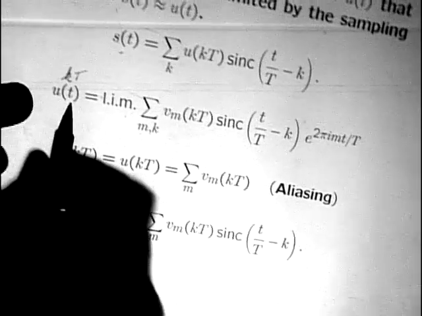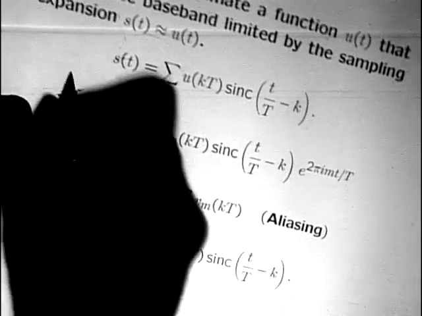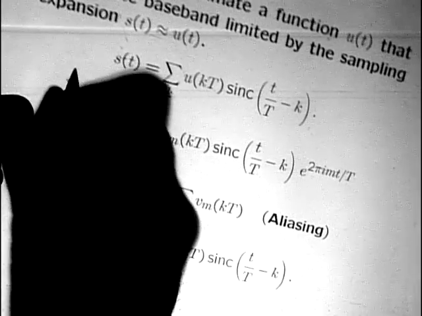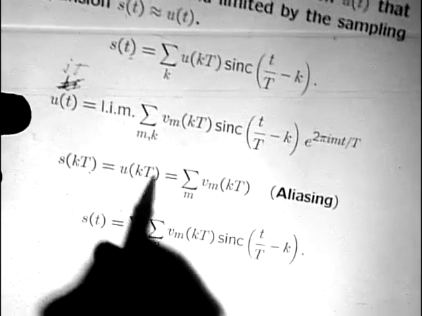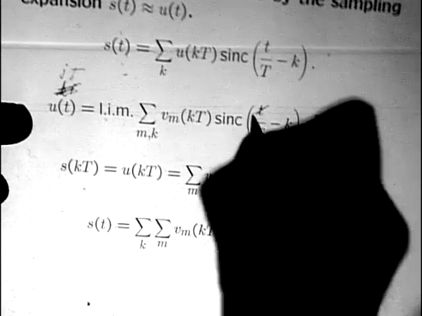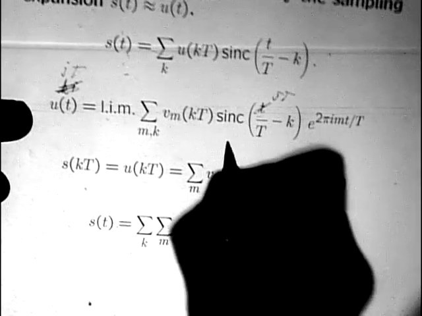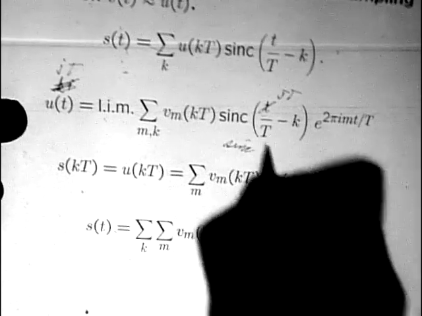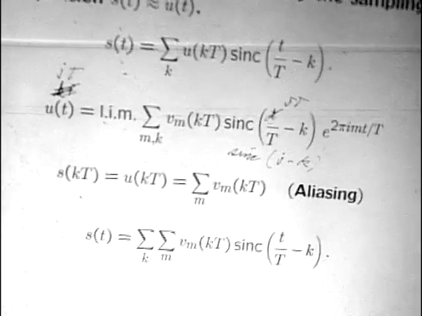And if we substitute k times capital T in here, let's substitute j times capital T to avoid a conflict with notation here. Then this t here becomes jT, and what we have is sinc of j minus k.